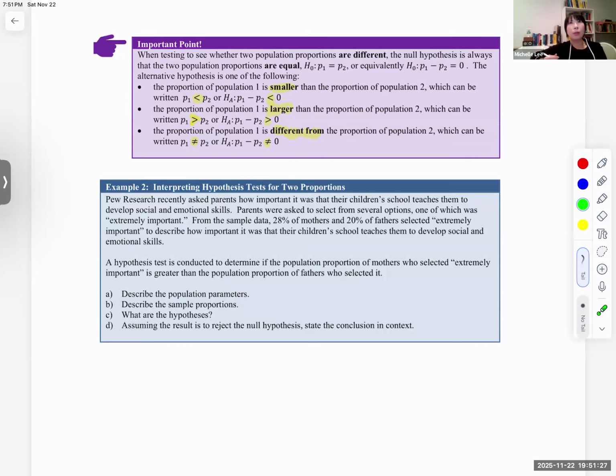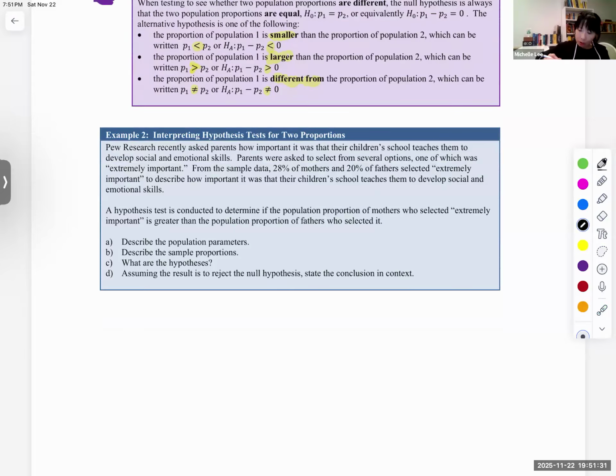Okay, so let's talk about that. We are using population parameters, right? We talk about the proportion, so p sub 1, right?